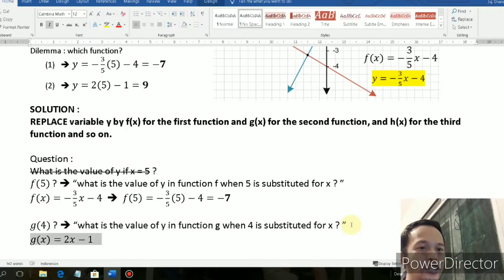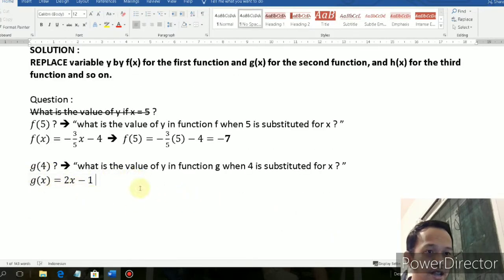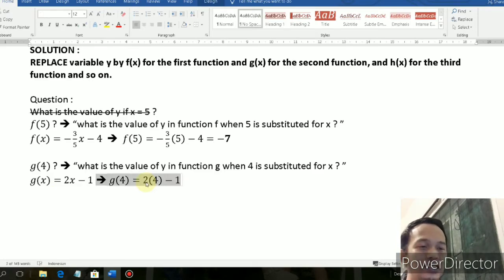When we execute that, let's recall what the second function is. This is the second function. So g of 4 is the value of g of x when 4 is your x. So you substitute x by 4 and then you can calculate it, it's 7.